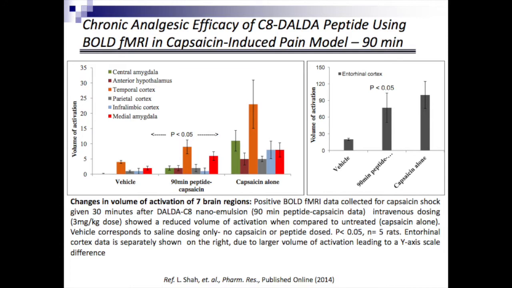So overall, we've been very impressed by the opportunity to use a nanoemulsion form made with fish oil, which is rich in omega-3 fatty acids, to help us ferry these molecules across from the blood into the brain when injected intravenously, and the opportunity to work with very difficult molecules like peptides, which have tremendous potential as therapeutics, in getting them across the blood-brain barrier.